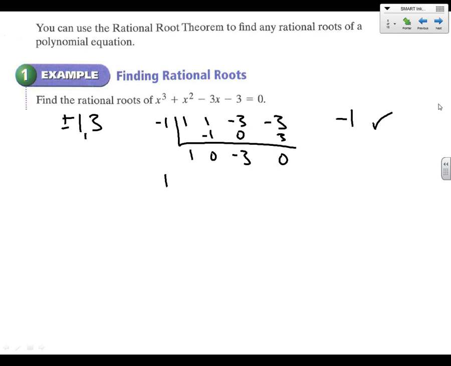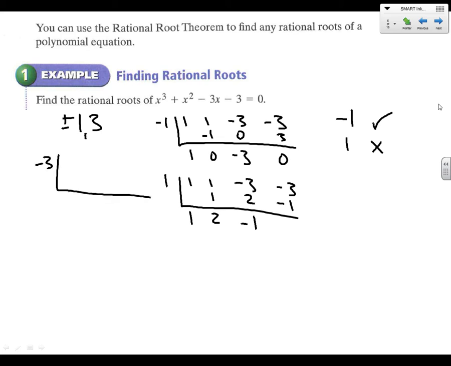Okay, how about positive 1? 1, 1, 2, 2, negative 1, and negative 1. Nope, positive 1 does not work. How about negative 3? 1, negative 3, negative 2, and 6, and 3, and negative 9. I didn't finish this.